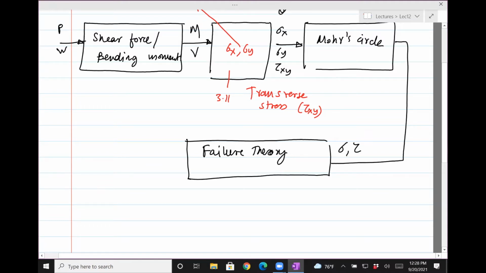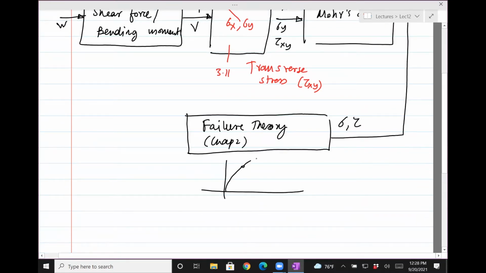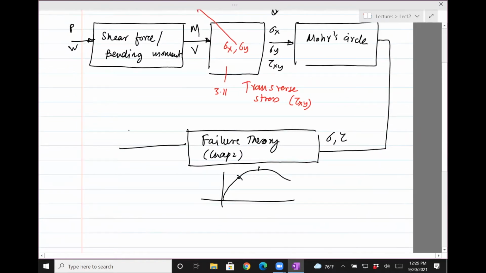Right? So that would be what we did in chapter 2. Once you know this, you can design, find things like the dimensions, D, thickness, and so on. So this is where the design sits.